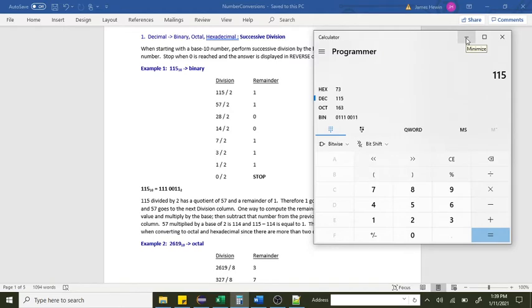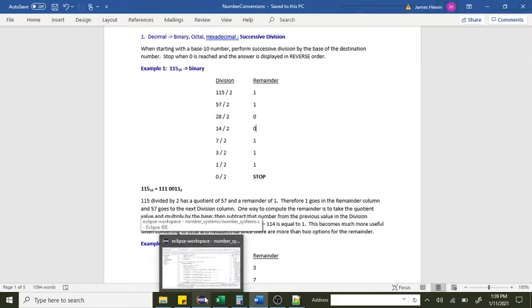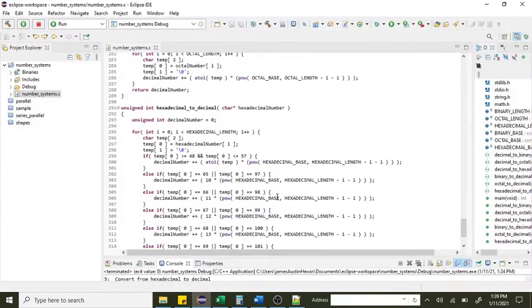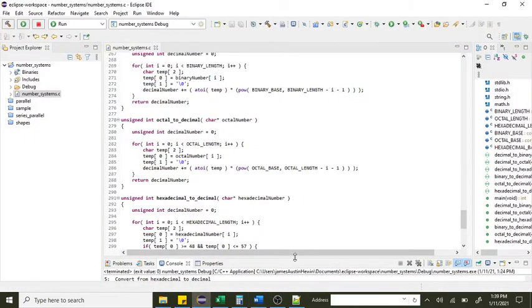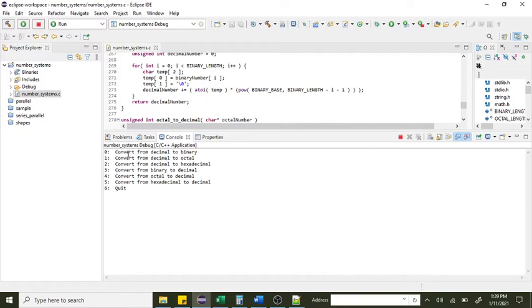I've also written a C program that will do some of these conversions. If I want to do decimal to binary, I can run my program, and decimal to binary is option 0.